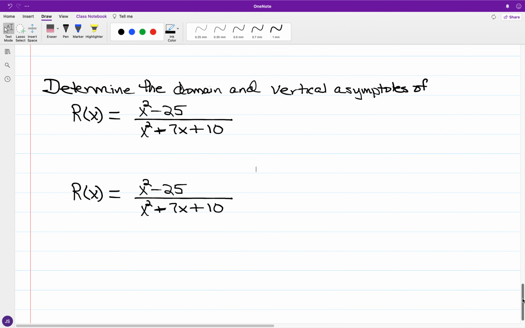If we start out looking for the domain and seeing if there are any exclusions, again, you're looking for the domain before you do any kind of simplifying. In the denominator, which cannot be 0, we've got x squared plus 7x plus 10.